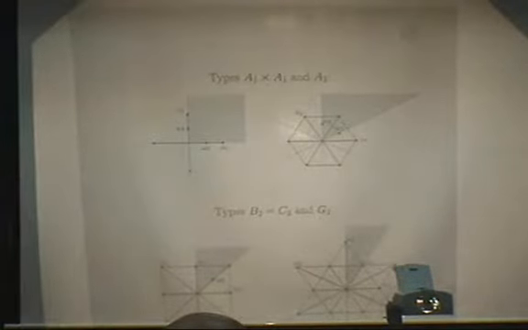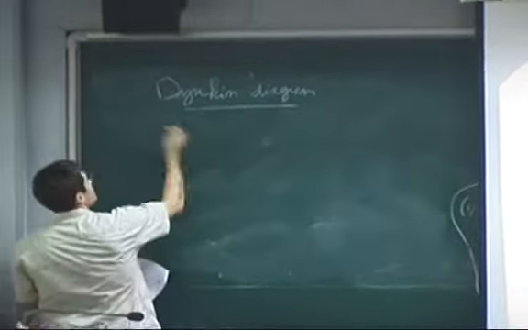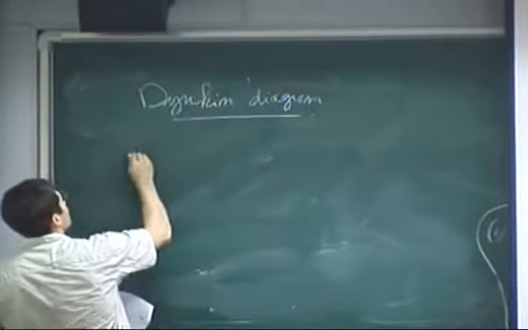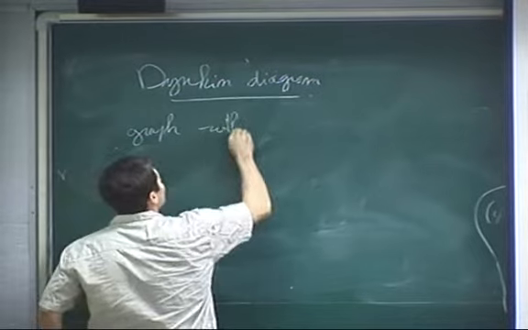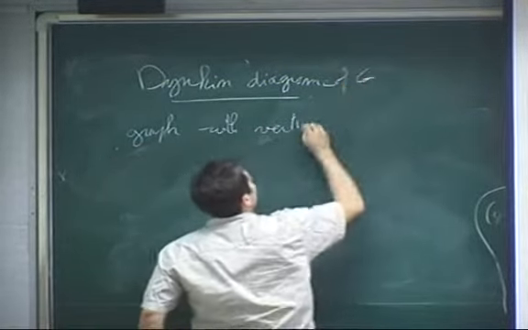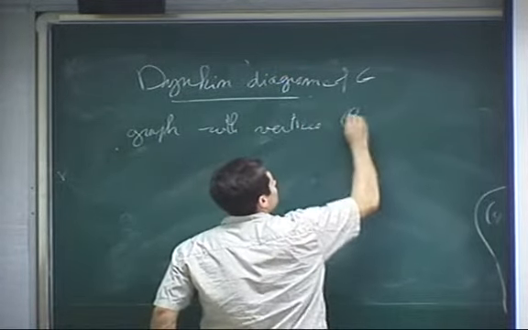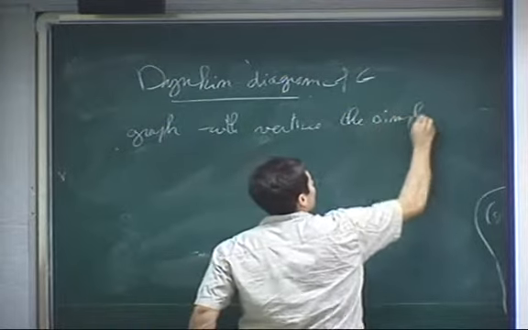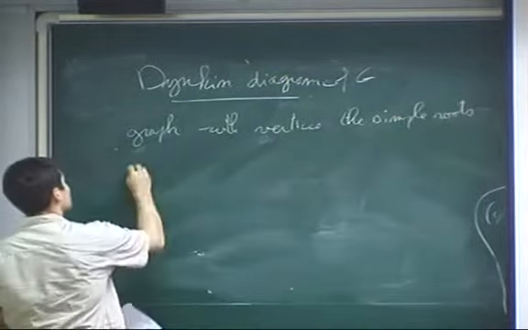So we have this parameter 2, which corresponds to the simple roots. So a Dynkin diagram is a graph with vertices of G, the elements, so the simple roots. And with arrows.